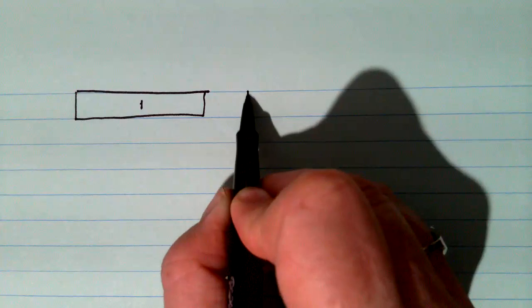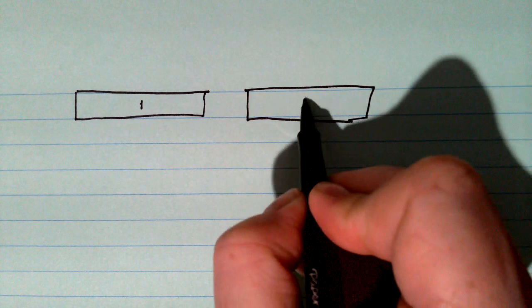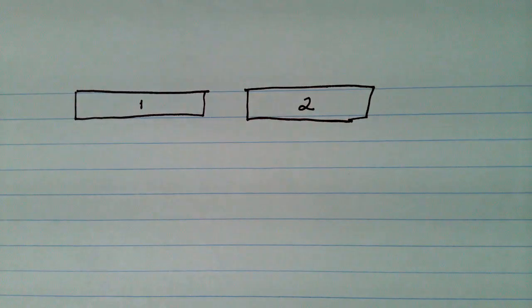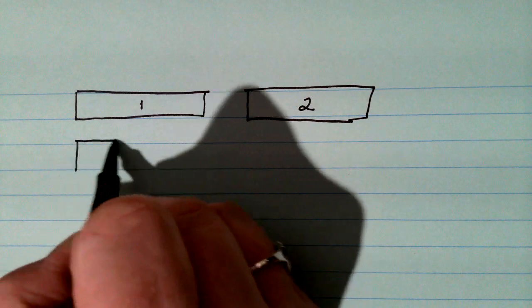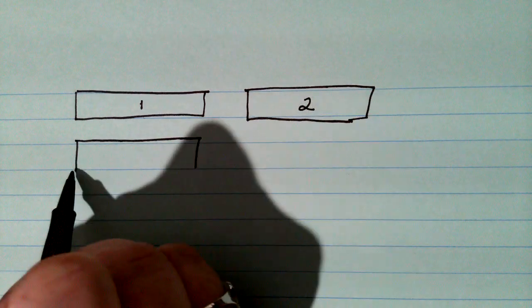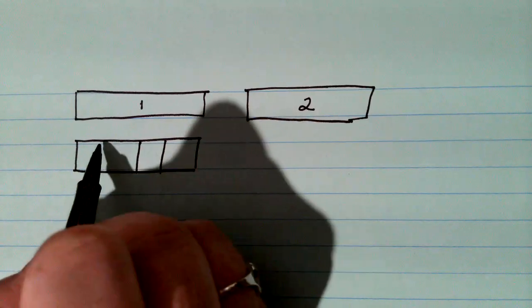Let's look at some models and see if we can figure out what the number sentence would be for the models. So on this one, there's one whole, and here's a second whole, and we're going to divide this one into fourths.